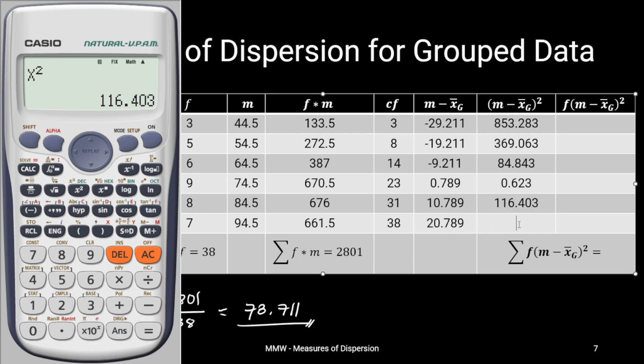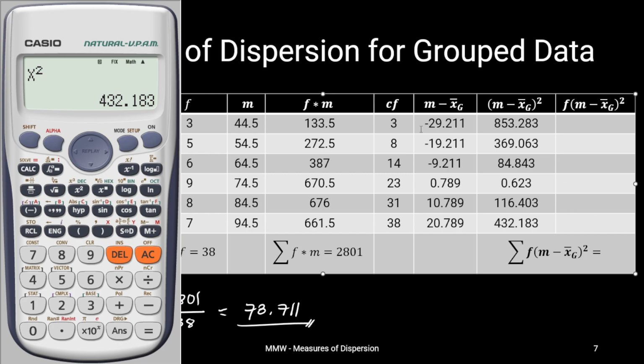Then we have calc 20.789. So that is 432.183. Okay? So napapilate na natin yung second column, doon na tayo sa last column.